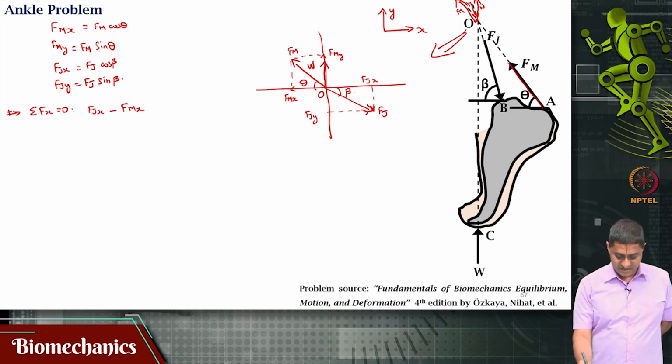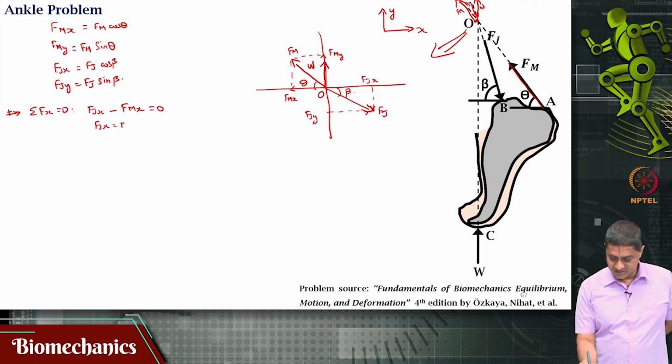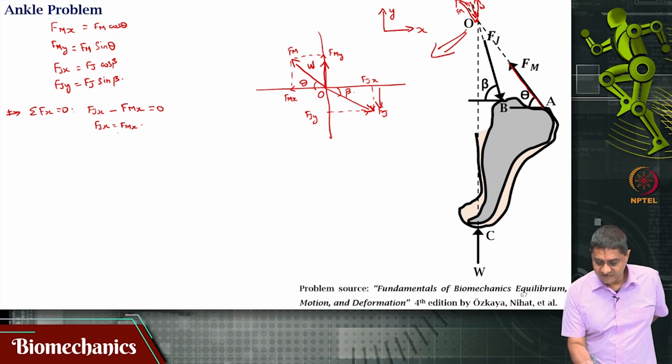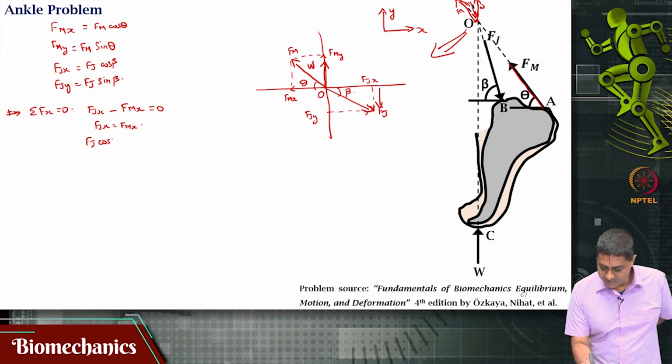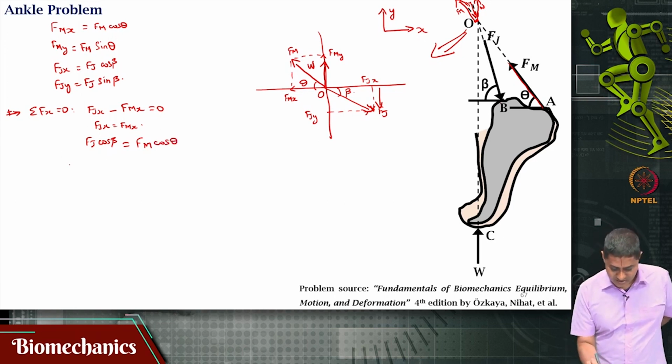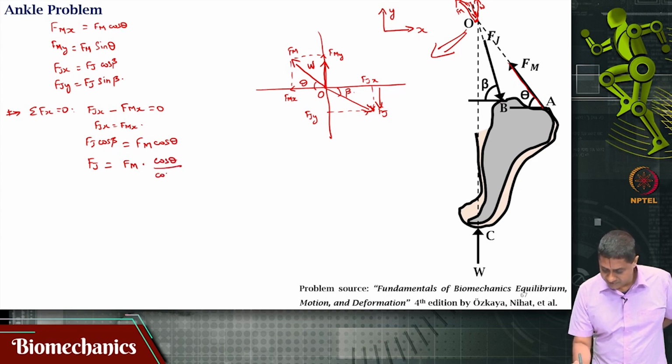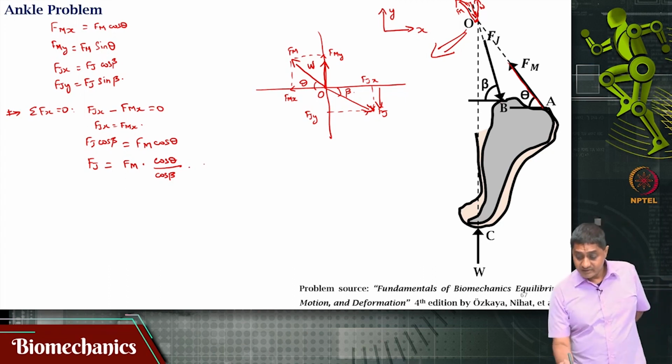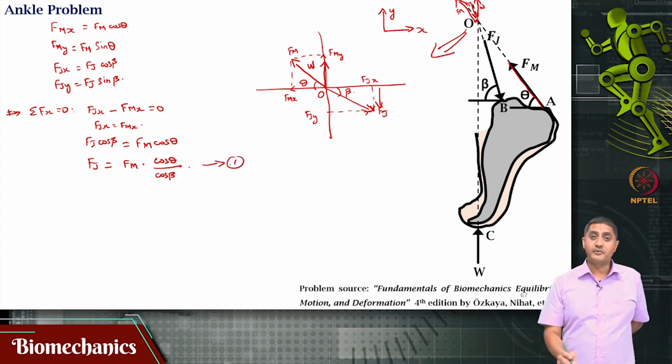Okay, Fjx minus Fmx is 0 or Fjx is Fmx. Substitute for Fjx and Fmx. What is Fjx? Fjx is Fj cos beta is Fm cos theta. So, that means Fj is Fm times cos theta divided by cos beta. This equation I am going to call equation 1.